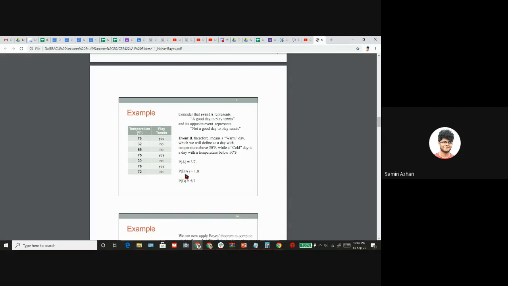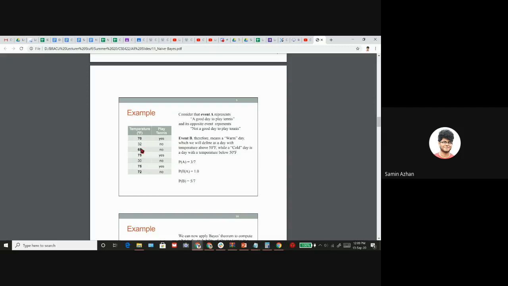What's the probability of B given A? When we say B, we're assuming that warm is yes and cold is no. So the probability of B being warm given A equals yes: in all the three cases where A is equal to yes, the first row, this row, and this row, the temperature is above 50.